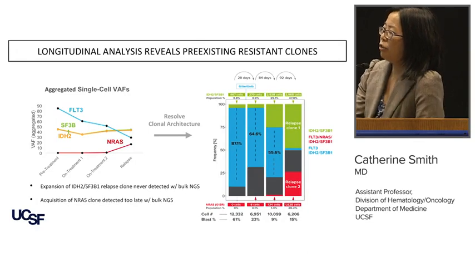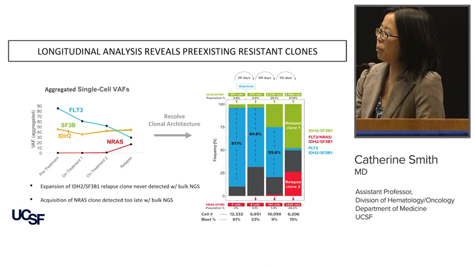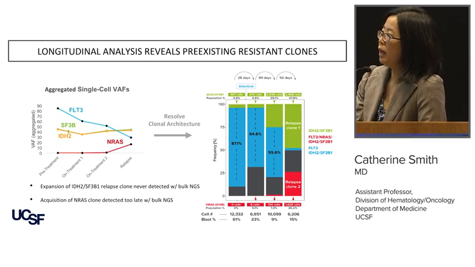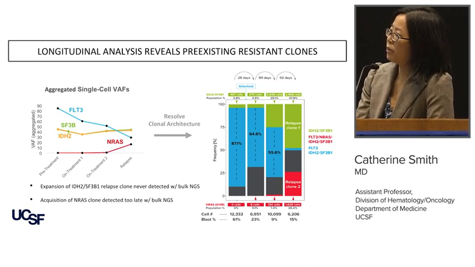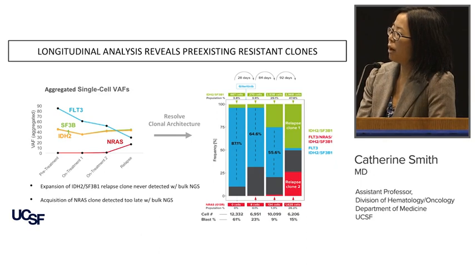And what this slide shows you is how nicely the clonal architecture is represented by the single cell sequencing compared to what you cannot resolve based on just looking at bulk sequencing alone. So what this represents is the variant allele frequencies that would have been obtained from just bulk sequencing of this population. And you can see two very clear things.